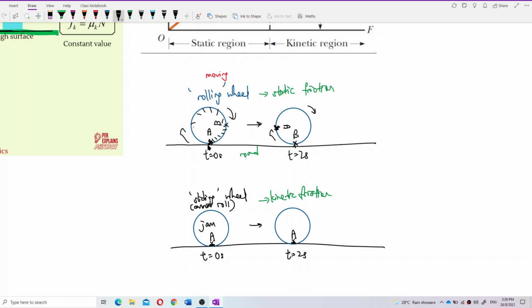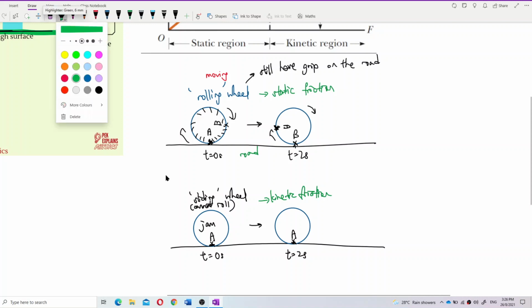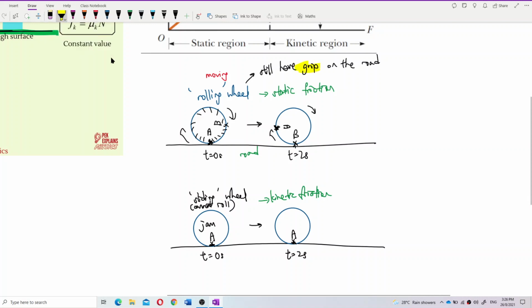So we can see the rolling wheel still has grip on the road. So this wheel is actually experiencing static friction, not kinetic friction.